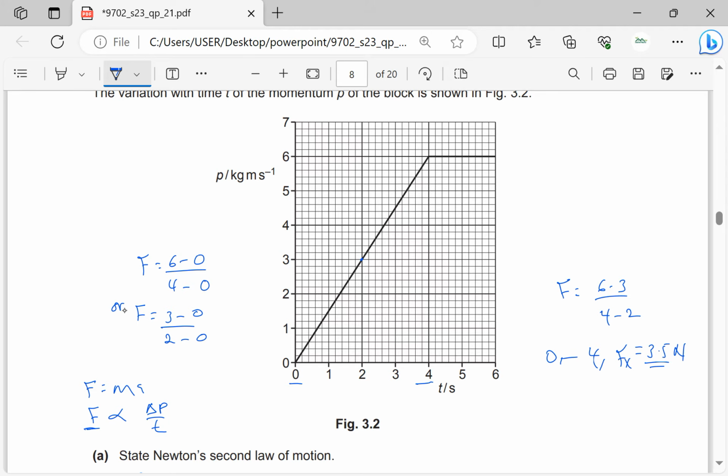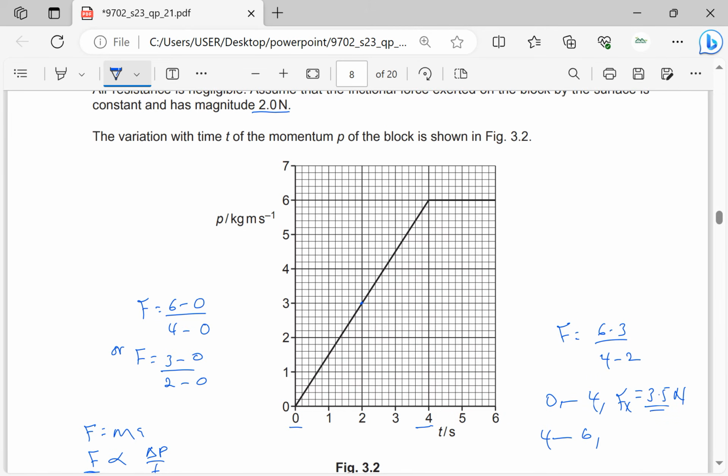Then from t equals 4 to t equals 6, we see that the resultant force is 0 because it is a horizontal line. It means the rate of change in momentum is 0.